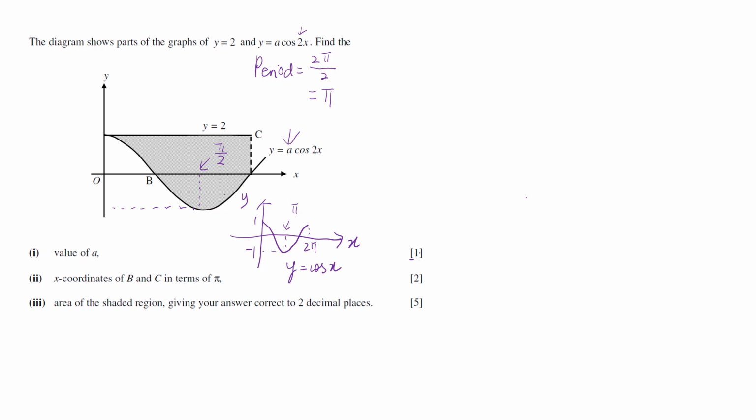Your maximum y value is 2, so your minimum y value will be -2. This is an upright cosine curve, so A is positive: A equals 2.